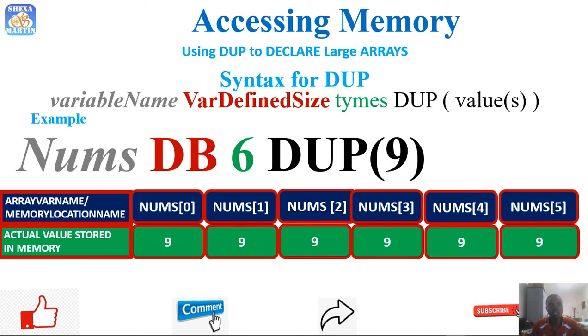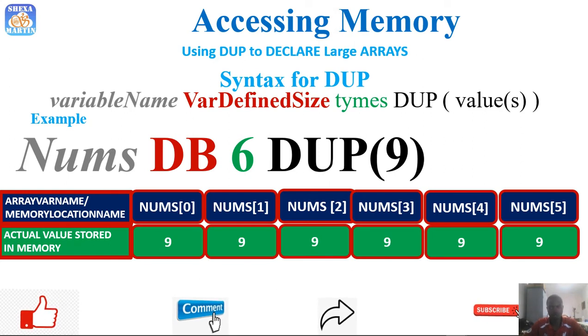So you just write a small portable instruction like this one. If you want to declare a large array, you can use the dup operator.